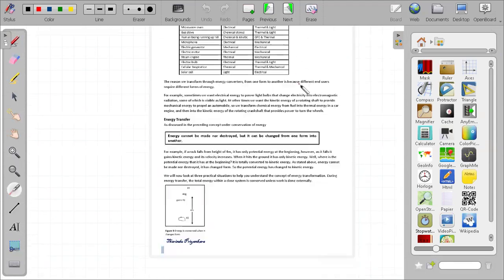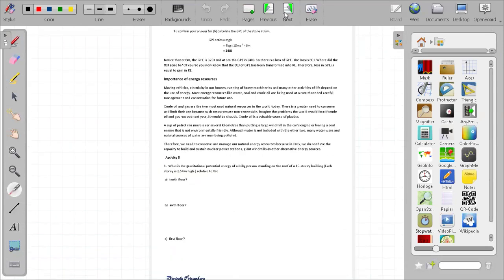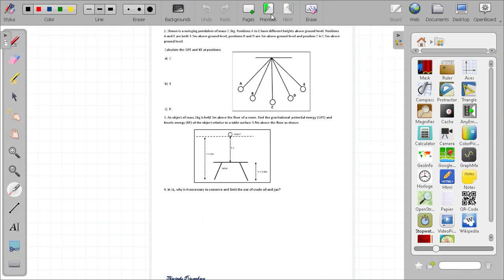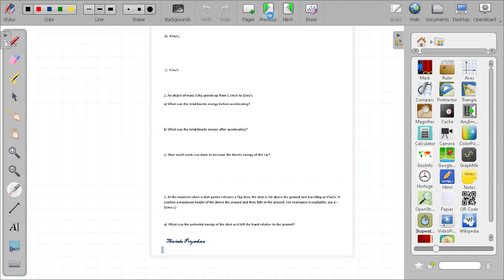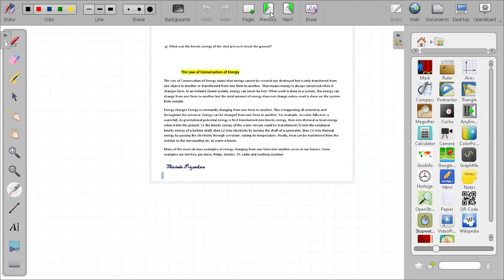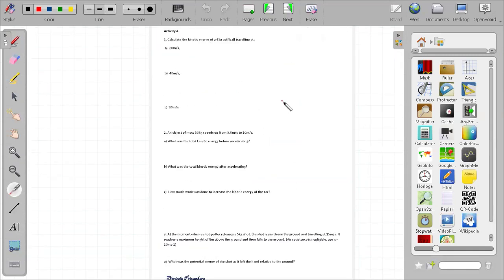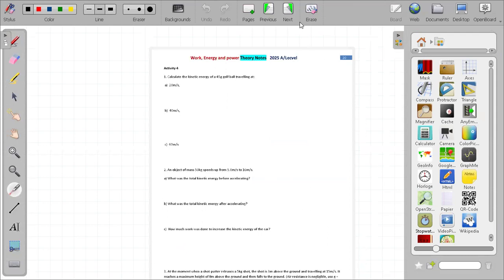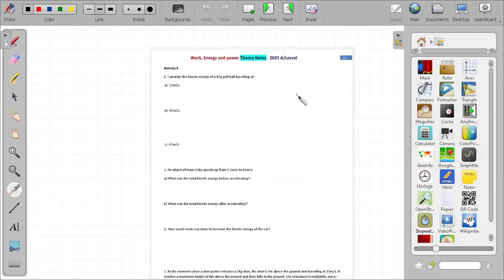Then I will teach you the law of conservation of energy very simply and give you a big new worksheet as well. So let's try these very simple questions that I have given here. The activity is a little longer, but the questions are really easy, so the maximum time allocation is no more than 15 minutes.